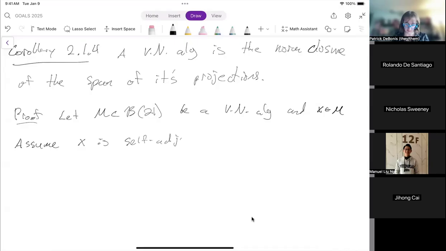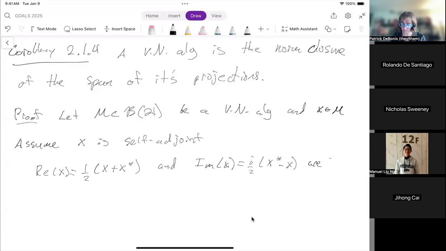The reason we can do this is because you can decompose an operator into its real and imaginary parts, and those are both self-adjoint. You prove something for self-adjoint operators, and then it holds for all by extending linearly to the real and imaginary parts.